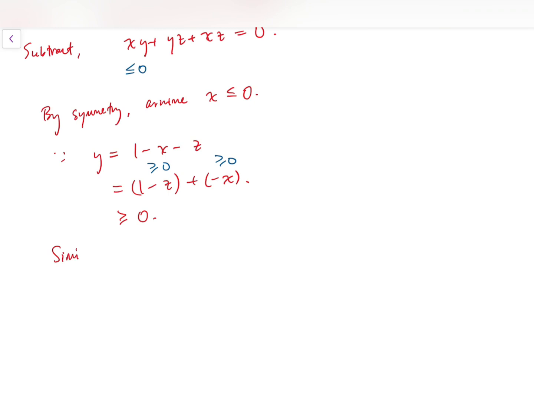And similarly, I can draw the same conclusion for z.